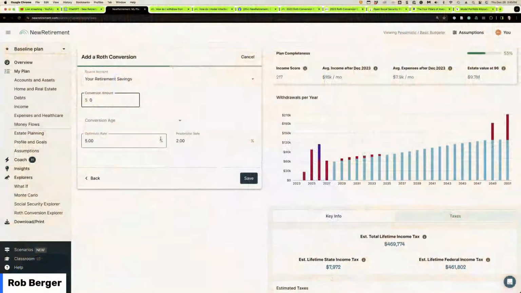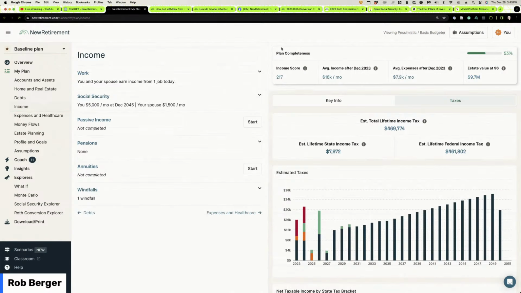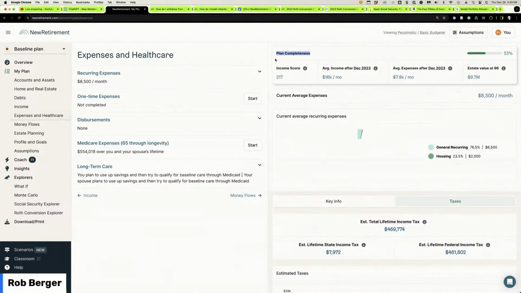Let me just quickly run through some of the questions that were emailed to me. Here's one that's a good one that I think can be confusing. We're in Money Flows. If you look up here, this plan completeness has an income score, average income after December 2023, average expenses, and estate value. That shows up in the My Plan section no matter which section I'm in.